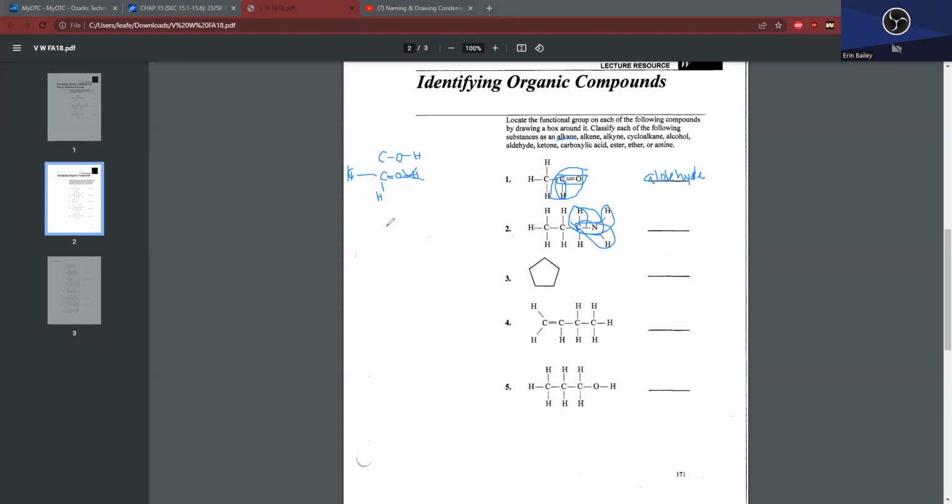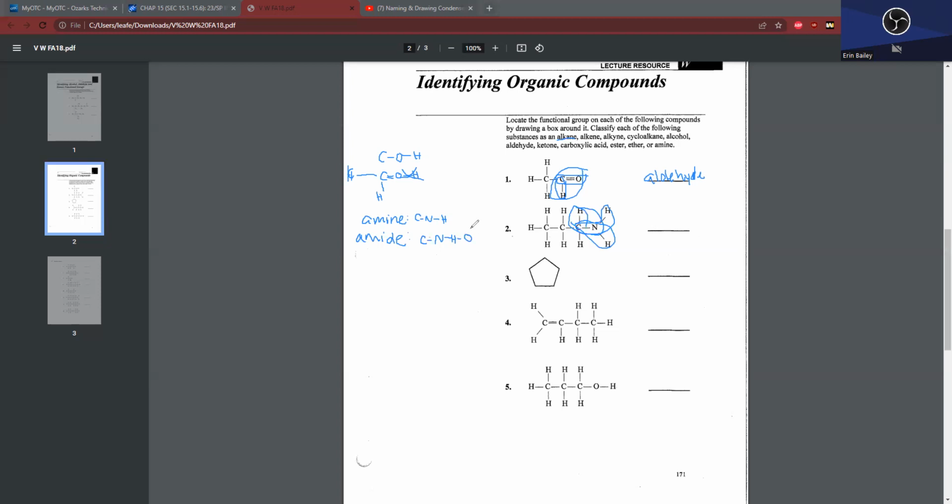And the difference that you can tell between amines and amides is that amines are going to have carbon, nitrogen, and hydrogen only. But amides are going to have carbon, nitrogen, hydrogen, but also oxygen.